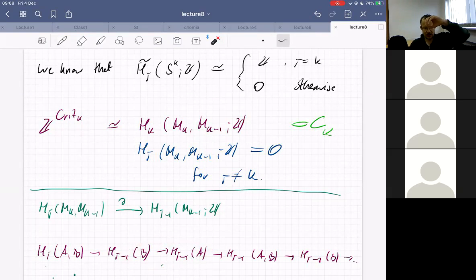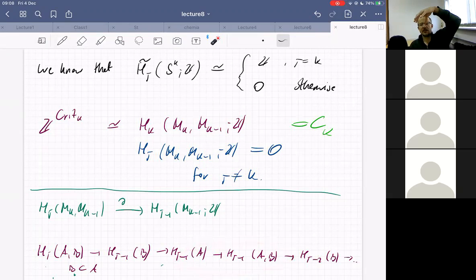You have a cycle in B and you consider it as a cycle of A, so B is a subset of A. This map is a relative cycle: you have a cycle in A, and you consider it as a cycle relative to B. And this map is the most interesting one.